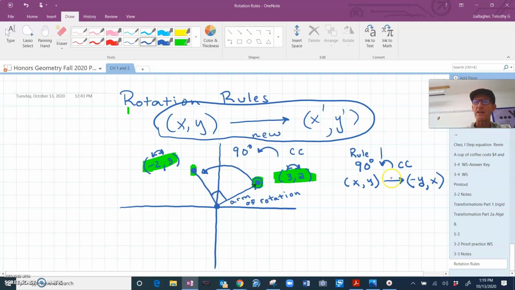They get flip-flopped, the X stays 3, and the Y turns negative, but the X and Y flip-flop.